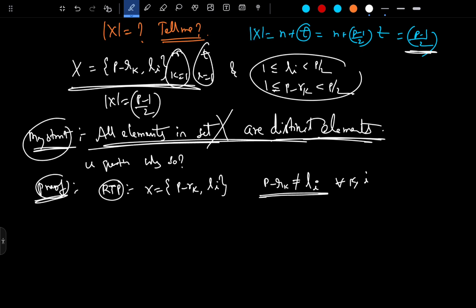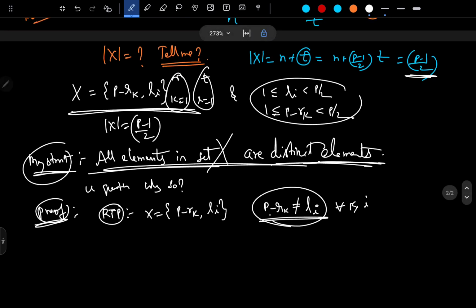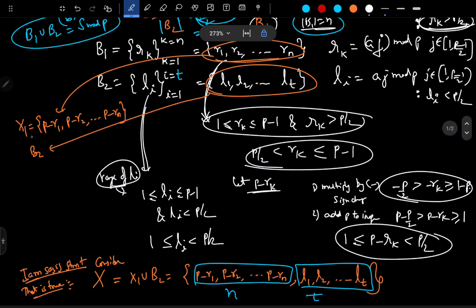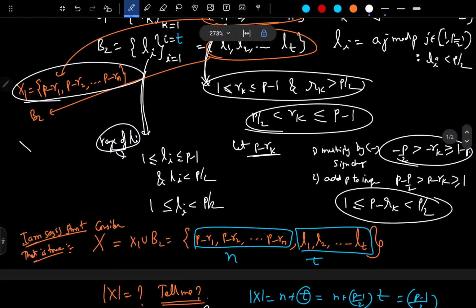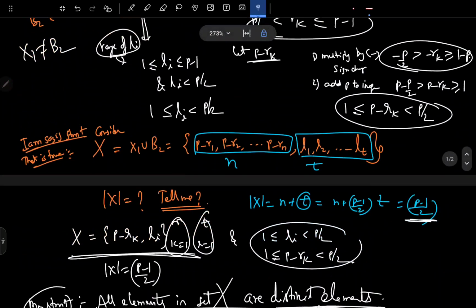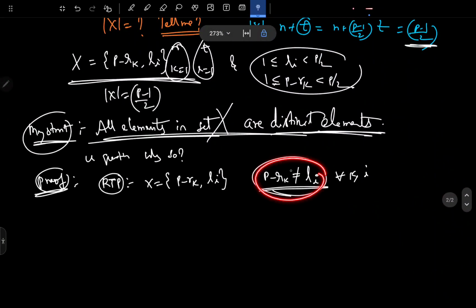X1 is not equal to B2. X1 is all of this, and B2, so X1 is not equal to B2. This is what I am going to say.